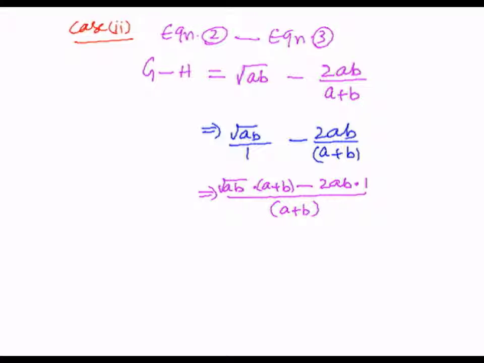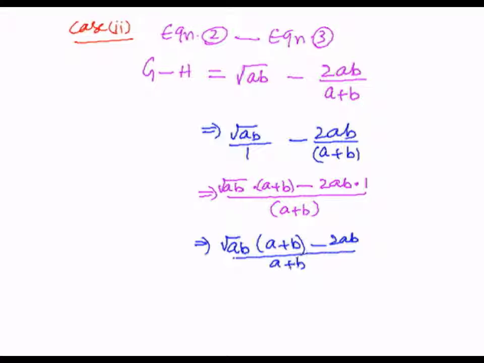Then the next logical step implies root of ab into a plus b minus 2ab ones is 2ab overall divided by a plus b.